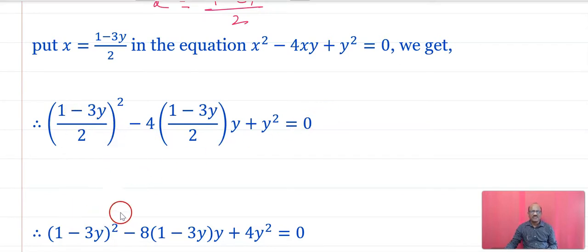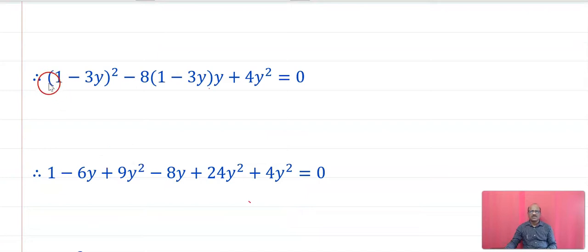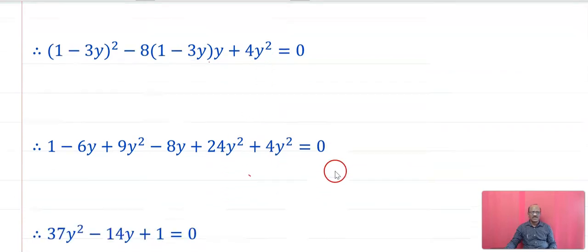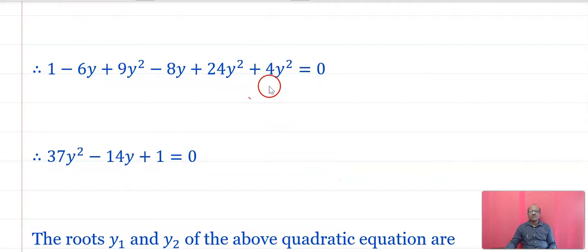Then you will get (1 minus 3y) square minus 8 into (1 minus 3y) into y plus 4y square equals 0. That is 1 minus 6y plus 9y square minus 8y minus 24y square, that minus and minus will become plus 24y square plus 4y square, and that equals 0. What will you get overall? This is the 4y square, 24y square and the 9y square.